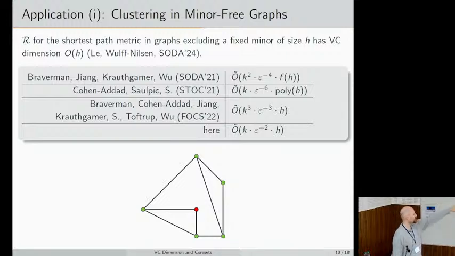The reason I like to mention these results is that there's the alternative that you could always just try really hard, look at your metric, and obtain a result that way. You don't have to go the way of VC dimension. This is what the previous works up there did. This here was one of the more black-box, VC dimension-based approaches.